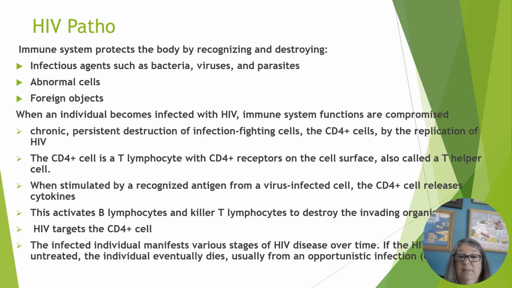The CD4 cell is a T lymphocyte with CD4 receptors on the cell surface, also called a T helper cell. Typically, when stimulated by a recognized antigen from a virus-infected cell, the CD4 cell releases cytokines. This activates B lymphocytes and killer T lymphocytes to destroy the invading organism.